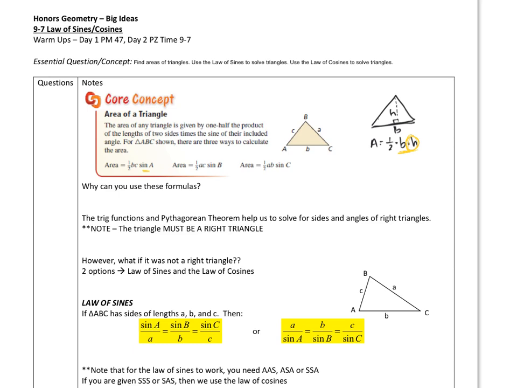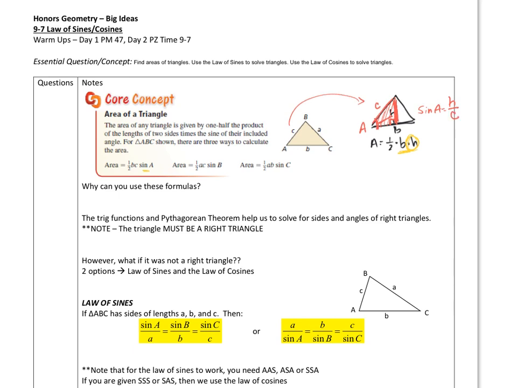If I take my triangle again, and this is angle A right in here, I can solve for this height by using the sine, because the sine of A is the opposite over the hypotenuse, because that would be the right triangle in here. And suppose I called this side C. So this would be H over C.